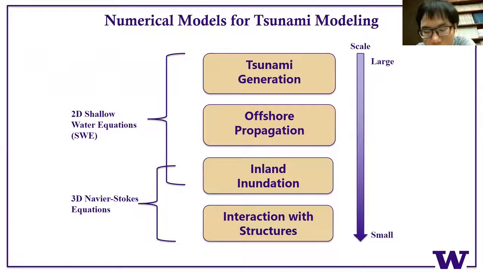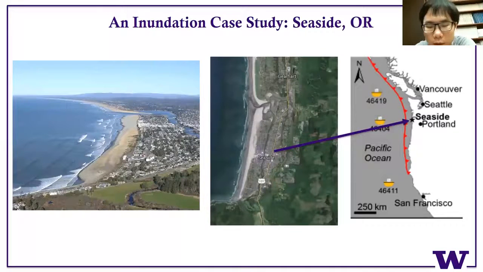So in this study, I'm going to present my results of using both the 2D shallow water equations to model the 3 steps and the 3D Navier-Stokes equations to model these 3 steps. Okay, and specifically, we built a model on a case of Seaside, Oregon.